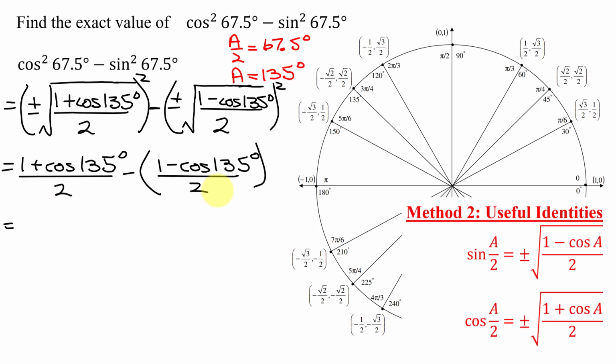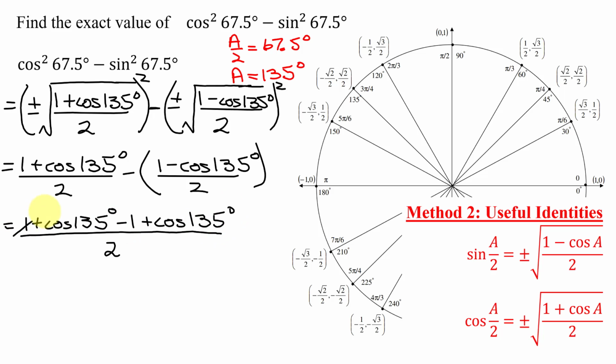Now my denominators are the same, so I have a common denominator of 2, and in my numerator I have 1 plus the cosine of 135 degrees. Distribute in the negative, which means change both of these signs, so I'm going to get minus 1 and plus the cosine of 135 degrees.